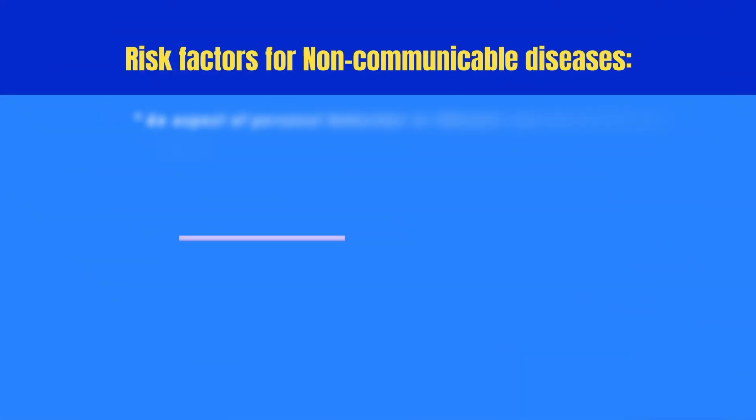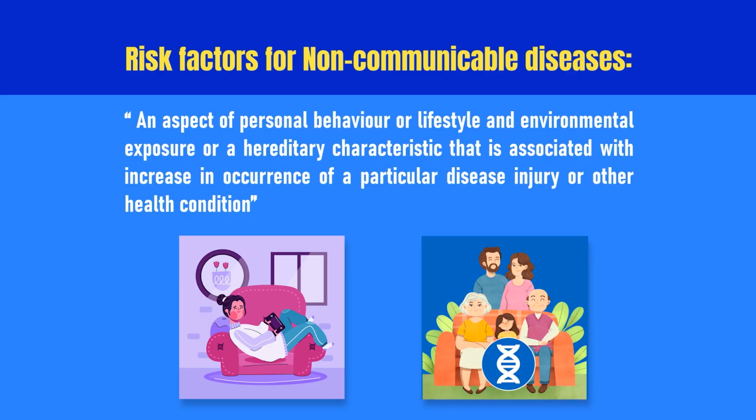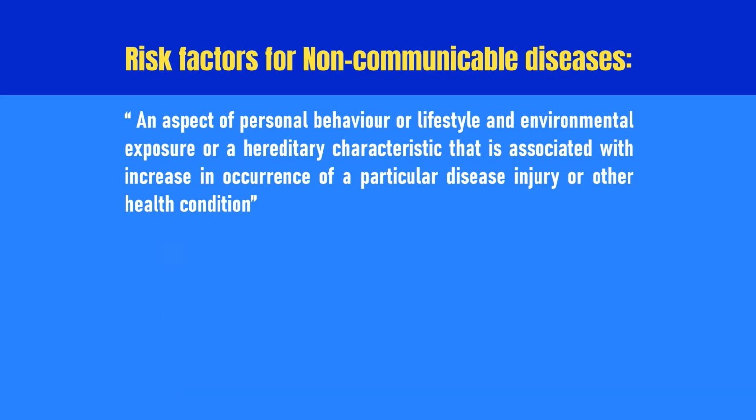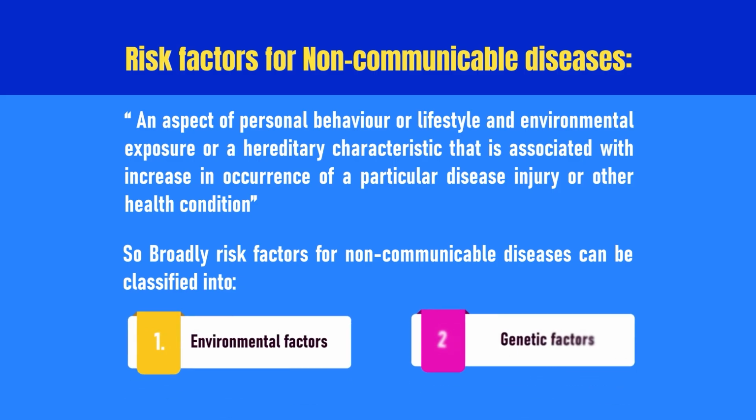Well, a risk factor can be defined as an aspect of personal behavior or lifestyle and environment exposure or a hereditary characteristic that is associated with increase in occurrence of a particular disease, injury or other health condition. So broadly, we can divide risk factors for non-communicable diseases into two: one, environmental factors, and then genetic factors.